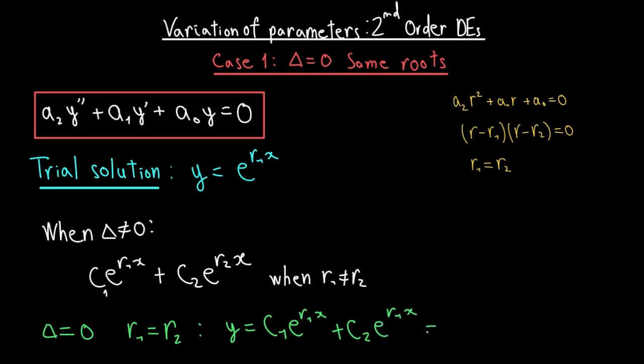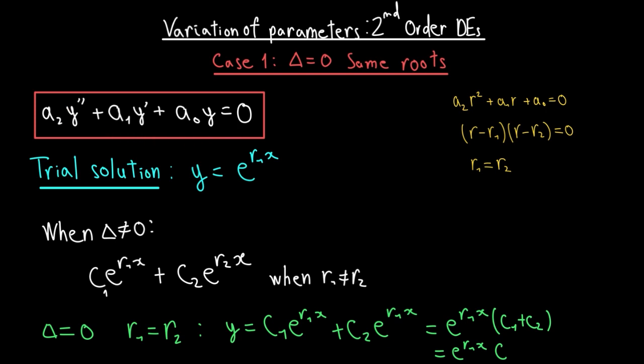And we can factorize by e to the r1x, which gives us c1 plus c2, so e to the r1x times c, where c is equal to the sum of these 2 constants. And therefore, we only have 1 degree of freedom, which is not enough in the case of a second order differential equation. Therefore, we need to resort to other methods of finding the second part of the solution to this differential equation.